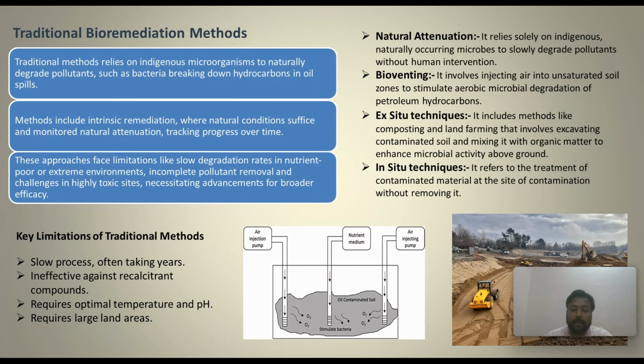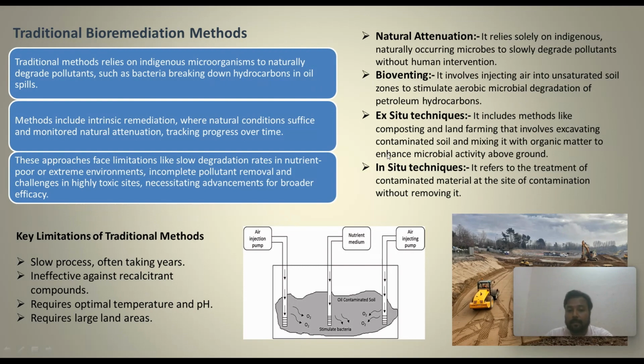As you can see in the figure, air injection pumps from both sides of the chamber are indicated, and a nutrient medium is also used, which gives oxygen to the microbes that are used for degradation of petroleum hydrocarbons.